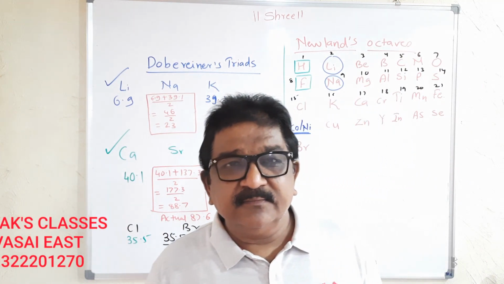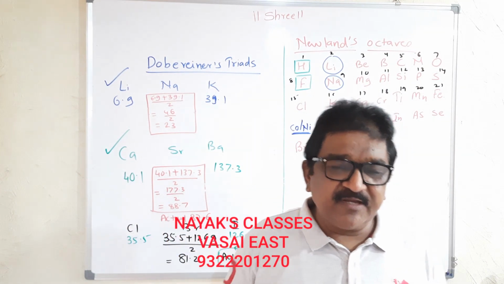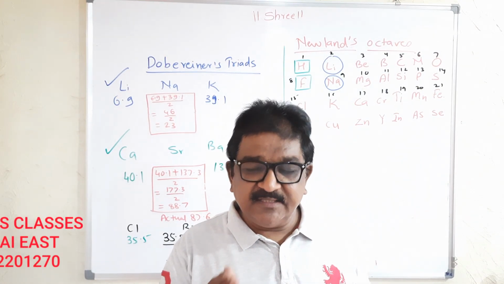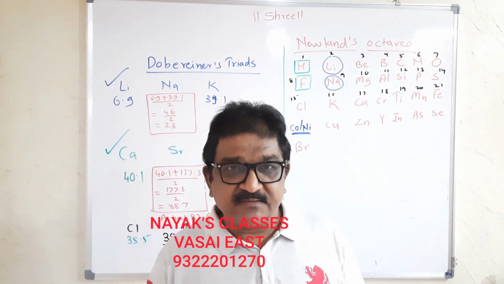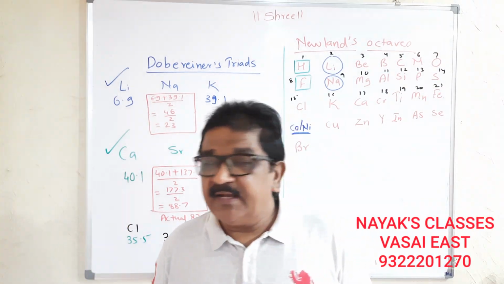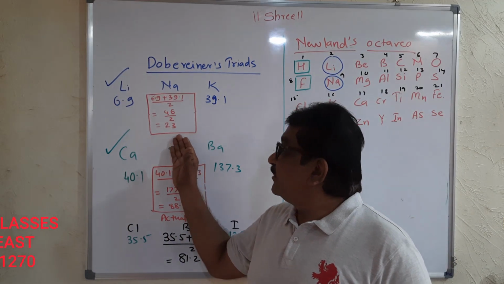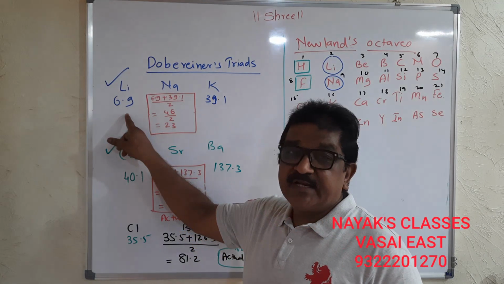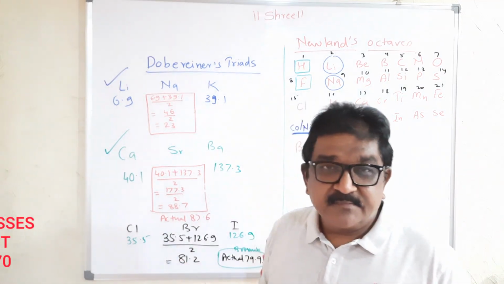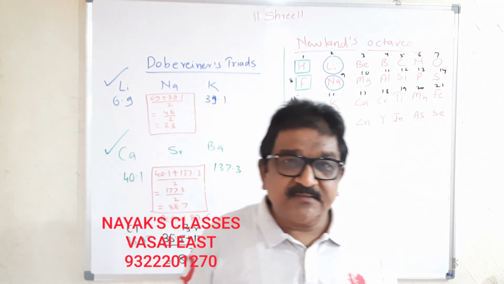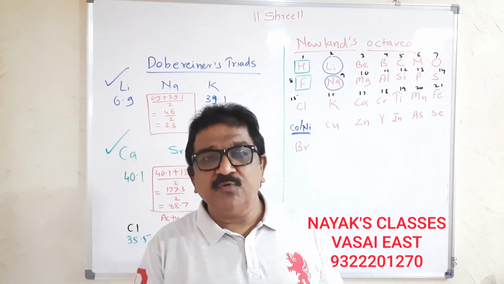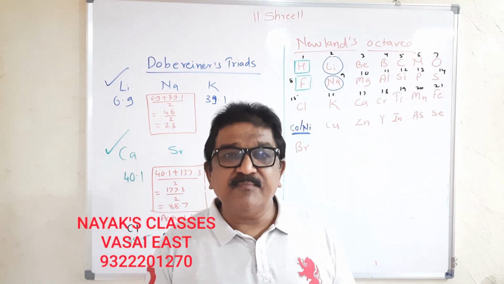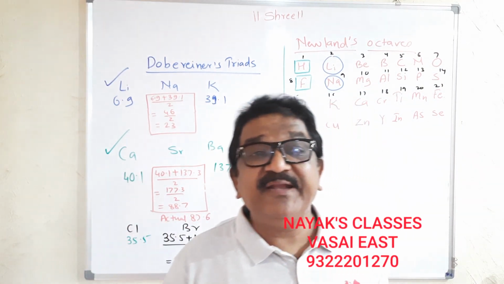Dobereiner arranged the elements having similar chemical properties in the increasing order of their atomic masses, and he saw that the atomic mass of the middle one is approximately the average of the first and third. After explaining this, you have to give at least 1 or 2 examples of triads so that it will be a complete answer.